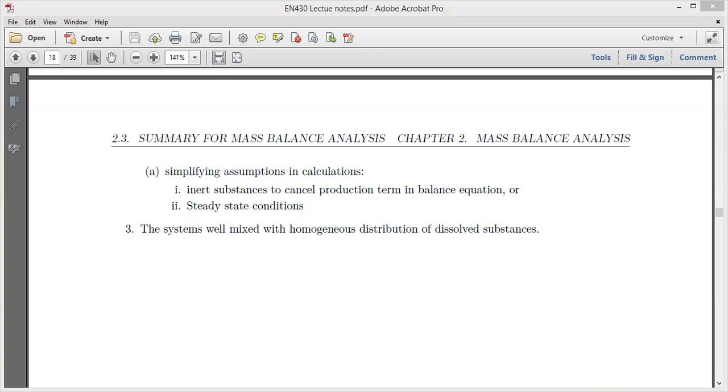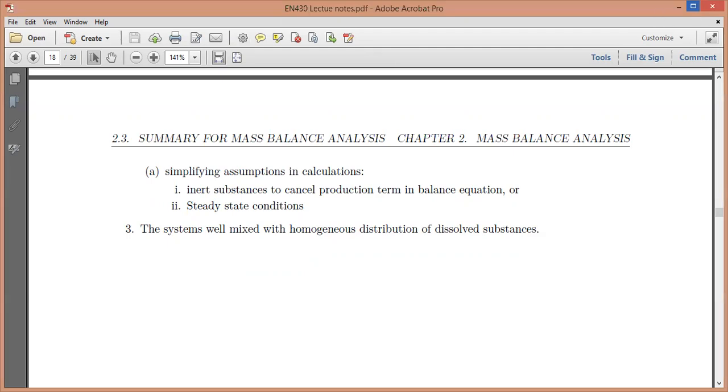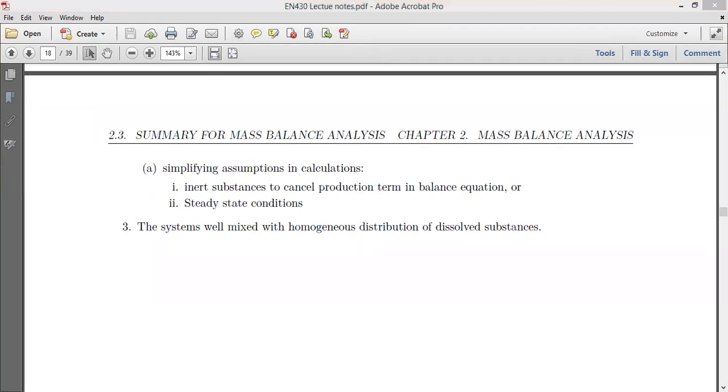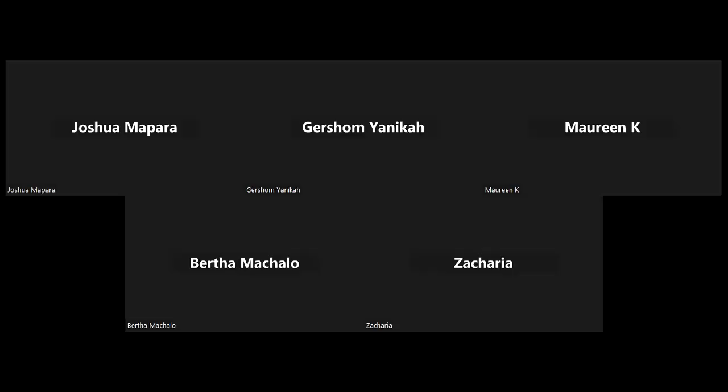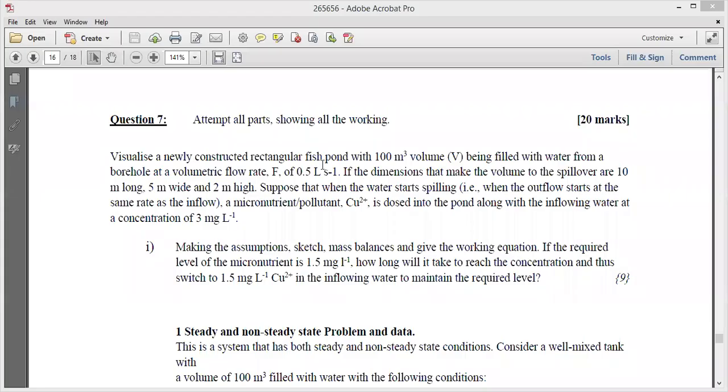Trying to get rid of my old screen. I don't know what's happening. Okay, I'll be sharing shortly now. Okay, are you able to see my new screen there? It says question 7.